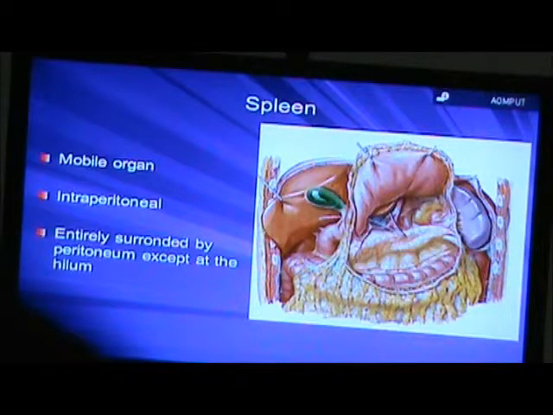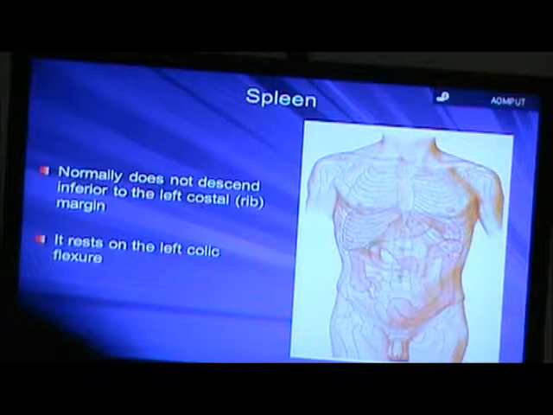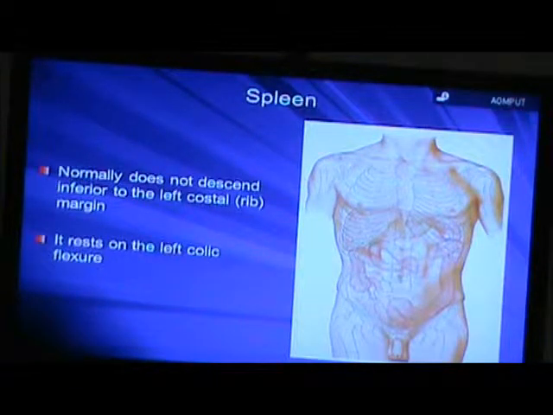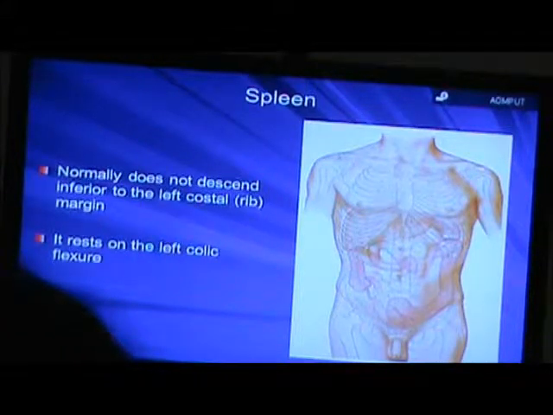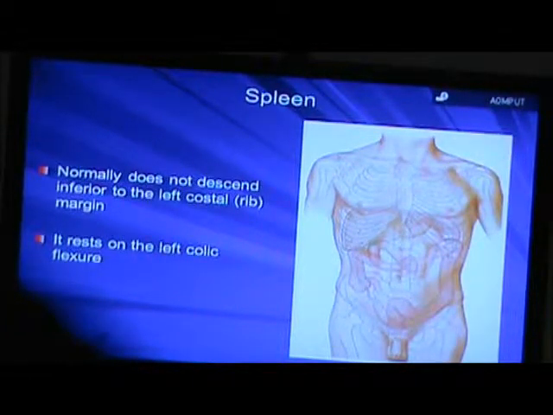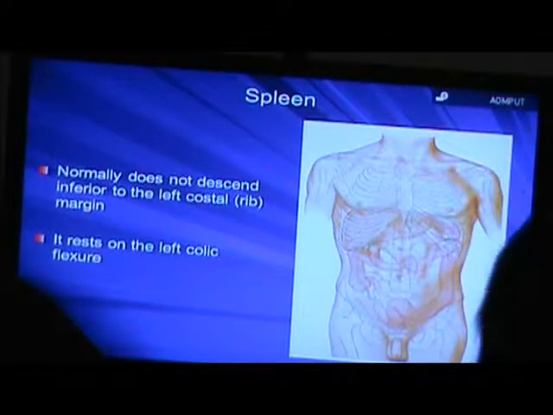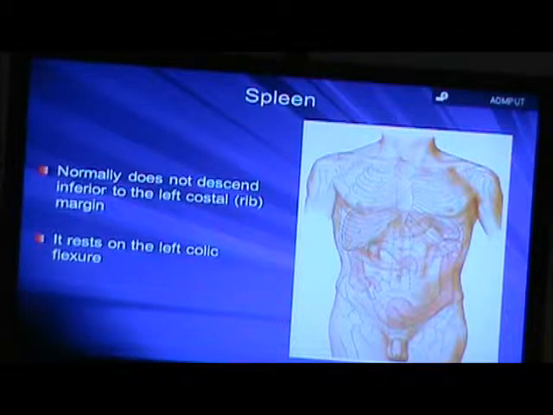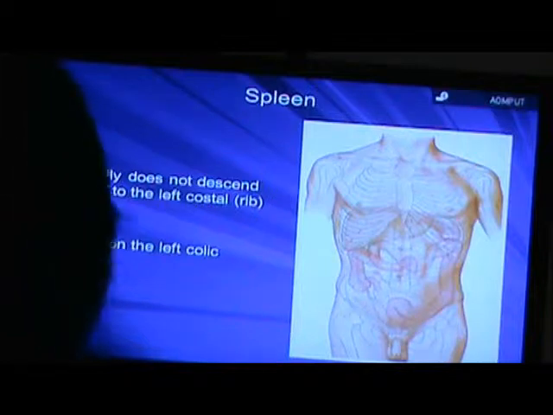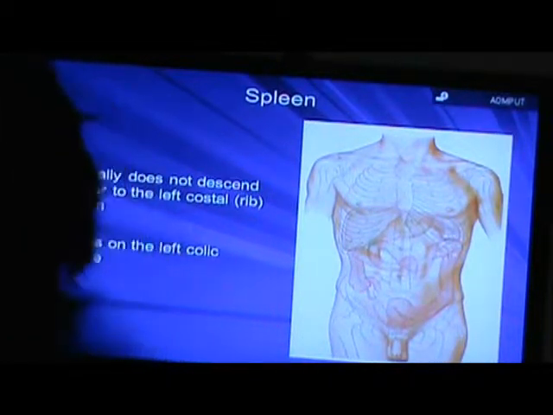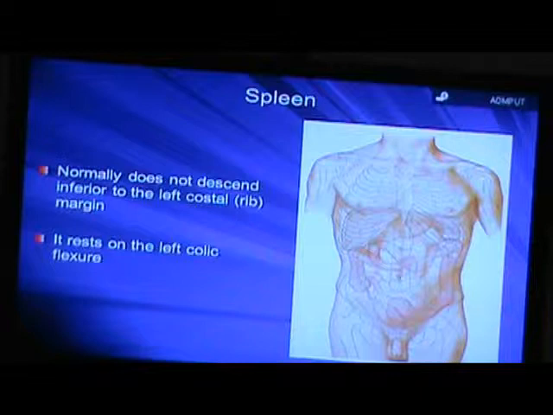It is entirely surrounded by the peritoneum except at the hilum. The spleen normally doesn't descend inferior to the left costal margin, but it happens in some hematological diseases that it could be enlarged and can reach the right iliac fossa, so it passes to the right side.